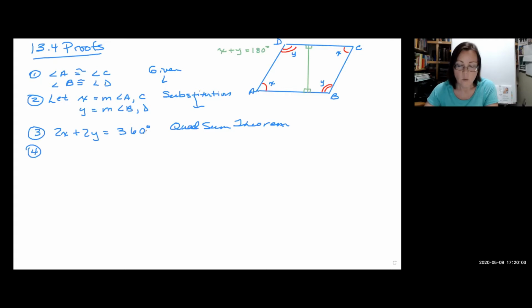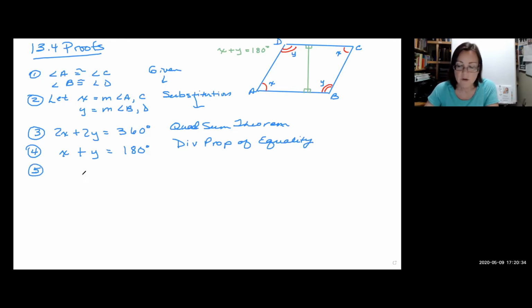And once I know that, I can divide everything by 2 to get x plus y equal to 180 degrees. That's just by division, our division property of equality. Now maybe you can see where I'm going.